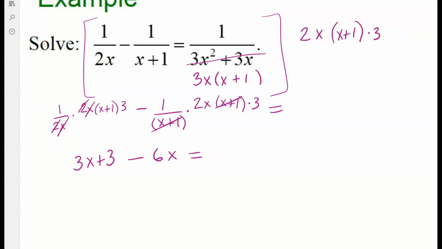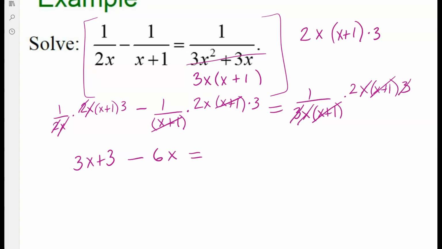And then let's go to the other side. So I have 1 over 3x times x plus 1 multiplied by 2 and x plus 1 and 3. Look for all the factors of 1. X plus 1 over x plus 1 is a factor of 1. x over x is a factor of 1, and 3 over 3 is a factor of 1.